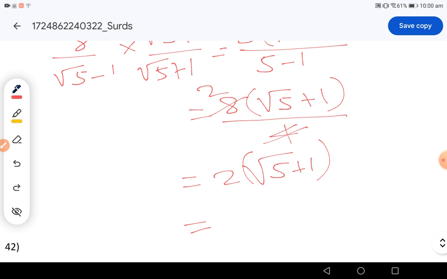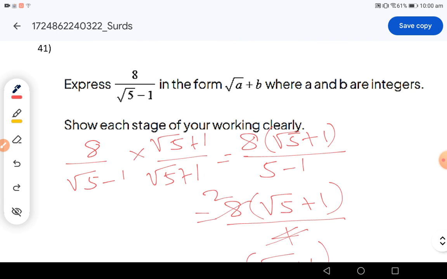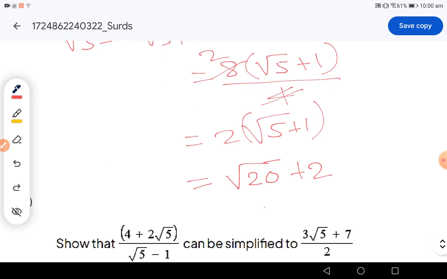So this one is root 20 plus 2, and that is the final answer.